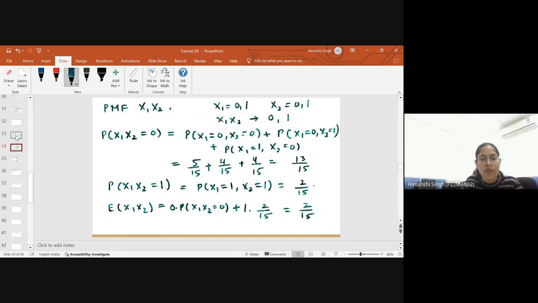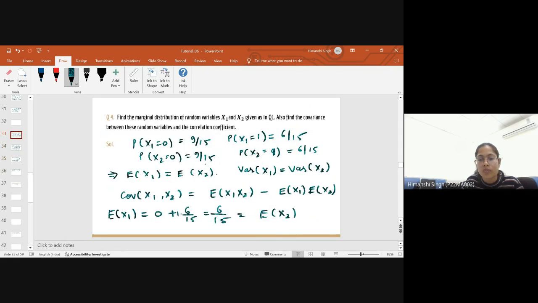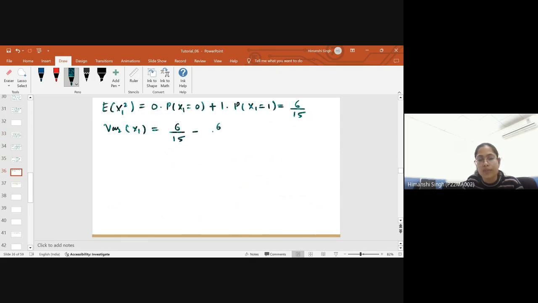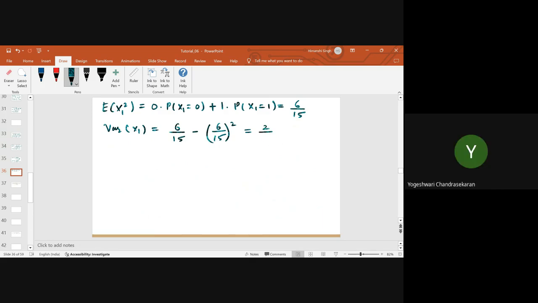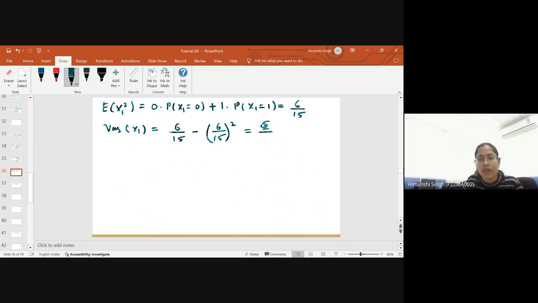So expected value of x1 is what? 6 by 15. So it will be 6 by 15 whole square. So it will be 6 by 25. Okay, so that is the variance of x1.